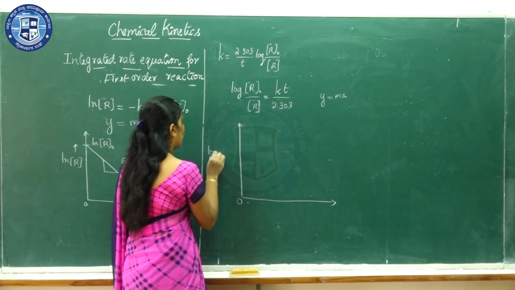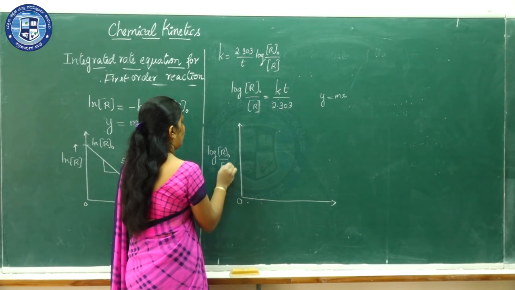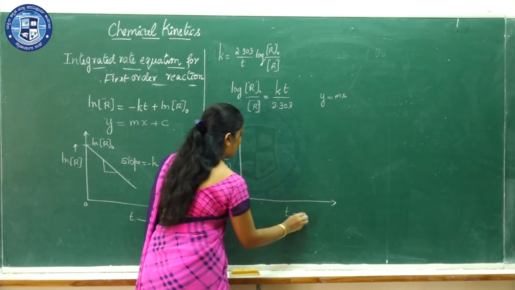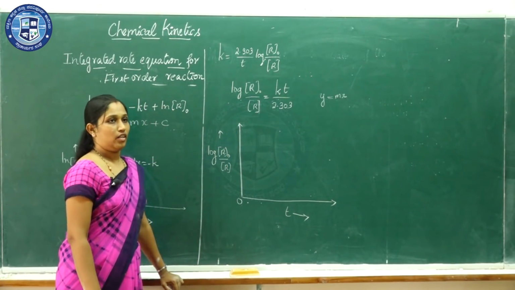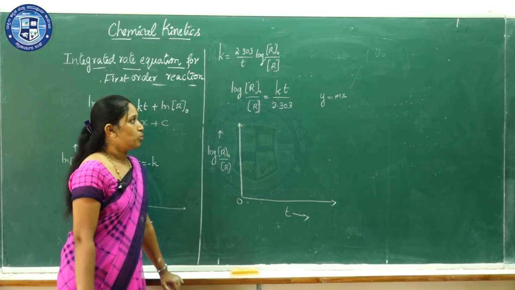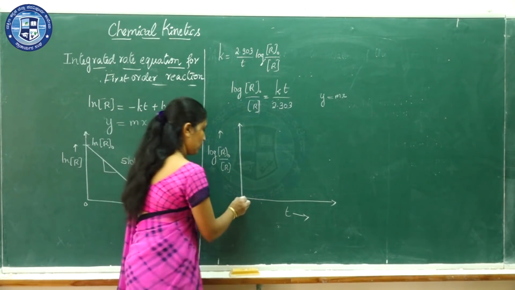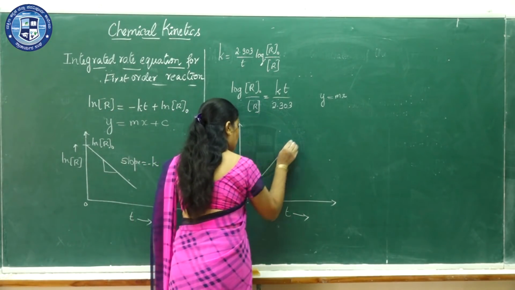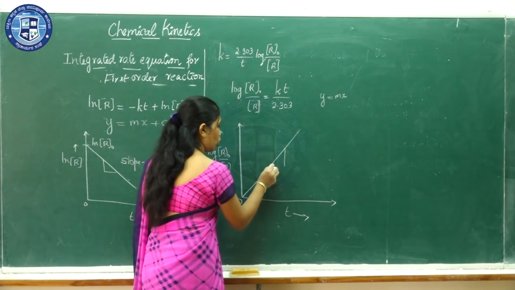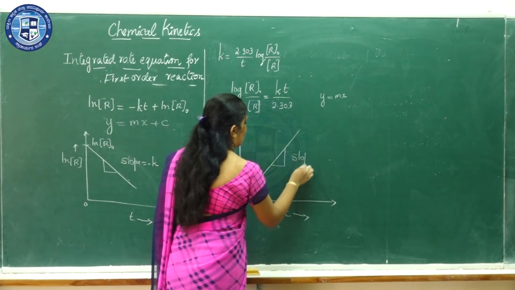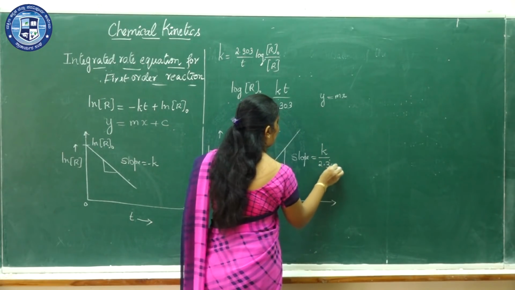So here on the y axis I have log R naught divided by R, and here you have t on the x axis. So what kind of line will we be getting here? Slope is positive, so you will be getting a straight line passing through the origin. The slope of this line is nothing but k divided by 2.303.